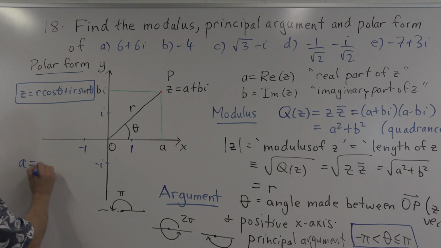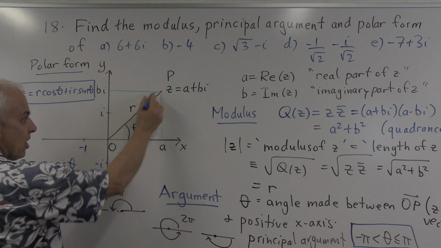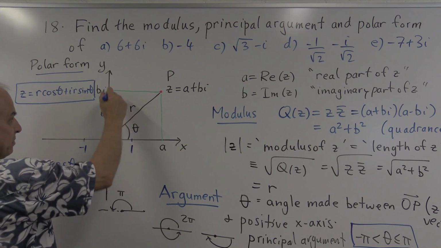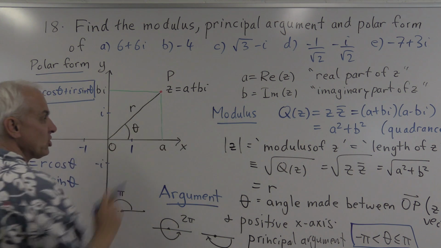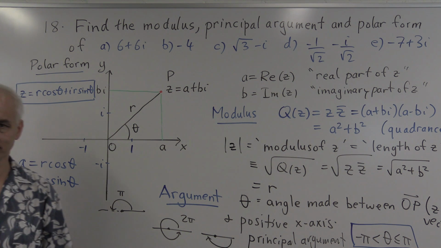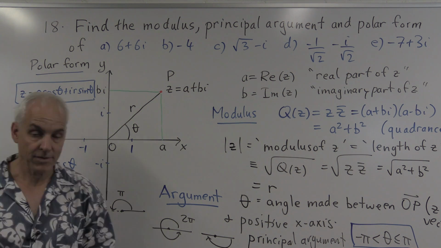We're replacing a with r cosine theta, because this a is r cosine theta, and we're replacing the b with r sine theta, because this b is r times sine of theta. Okay? So when we replace the Cartesian coordinates a and b with these polar quantities r and theta, then we get the polar form of the complex number z.